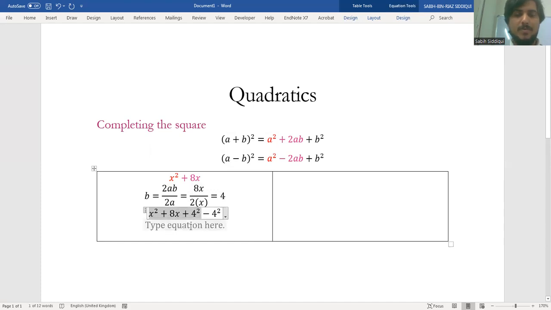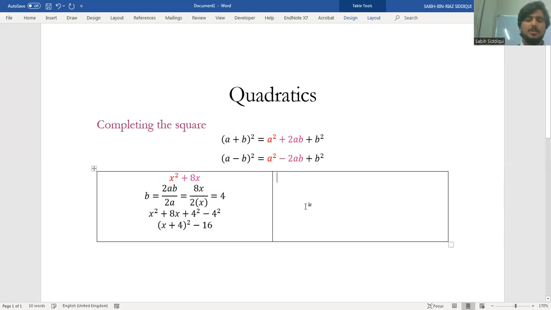This portion can be factorized back to a plus b whole square, and then we are left with minus the square of 4, which is 16. So this is how we complete this square. It's the same expression, x squared plus 8x, and x plus 4 whole square minus 16. It's practically the same expression. But this is the completed square form, and that is the expanded form.